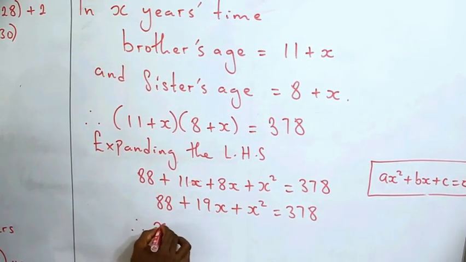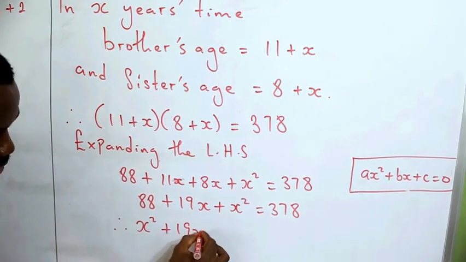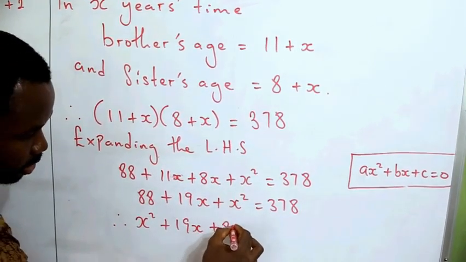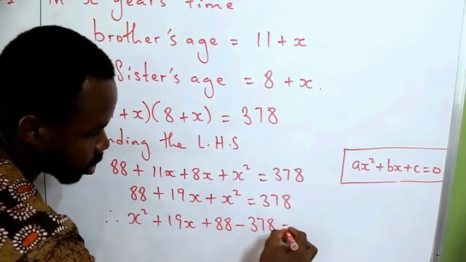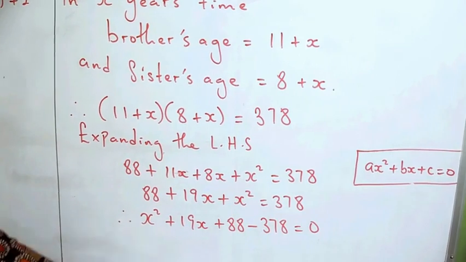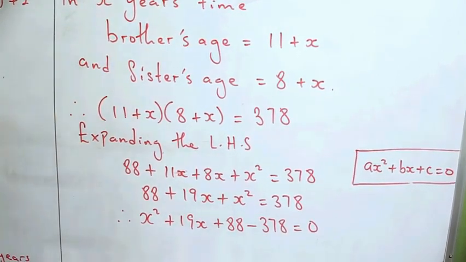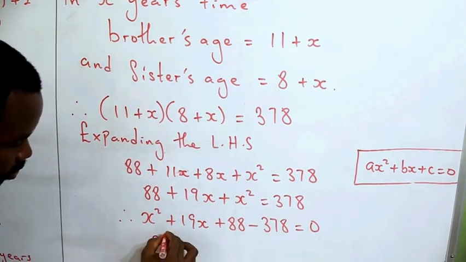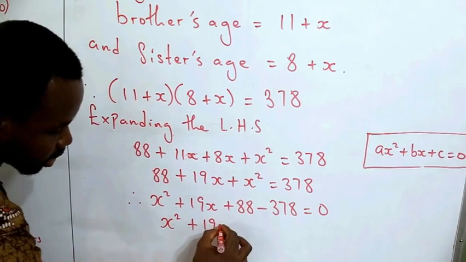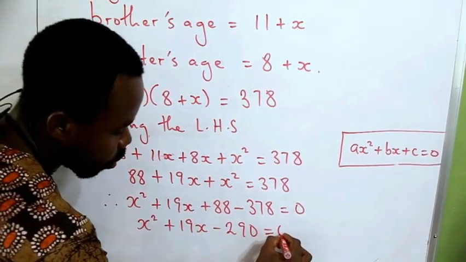Therefore, x squared plus 19x plus 88 minus 378 should give us 0. And here, this difference will give us minus 290. So we have x squared plus 19x minus 290 equals 0.